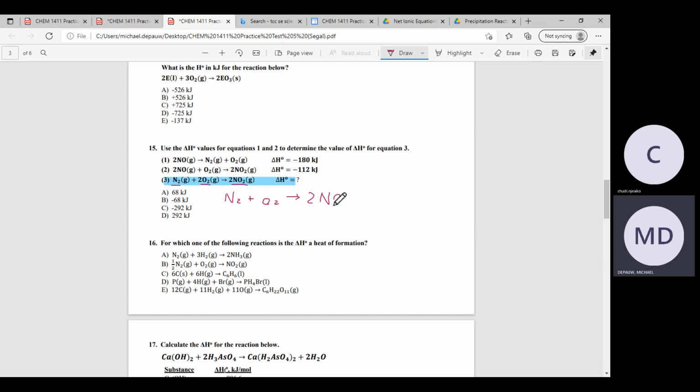And if I flip the equation, what does that do to the delta H? It flips the sign, exactly. Because if you're going one way and it's releasing energy, if the reaction were to go the other way, it would be absorbing. That's going to flip the sign from negative to positive. So this is a positive 180 kilojoules now.